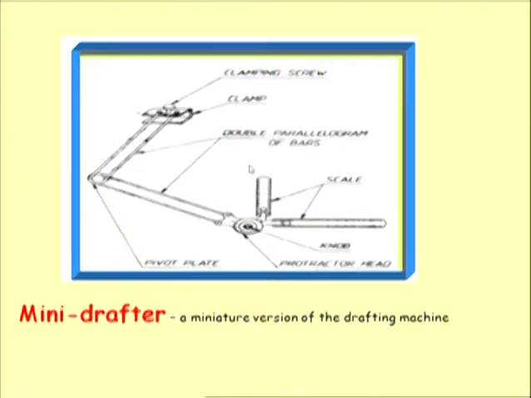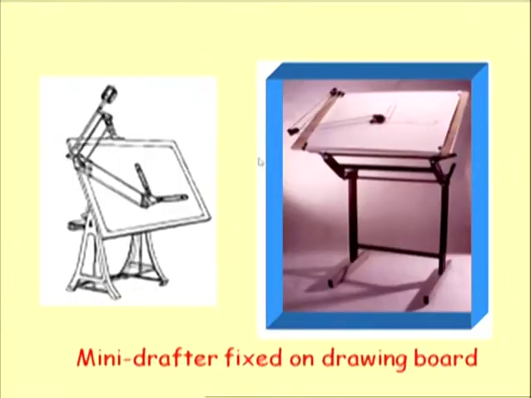The drafting machine is a very large piece of equipment, and this is called the mini drafter. Many students prefer this mini drafter over the T-square because of its convenience and the easy workability of the drawings. This is how it is fixed on the drawing board.